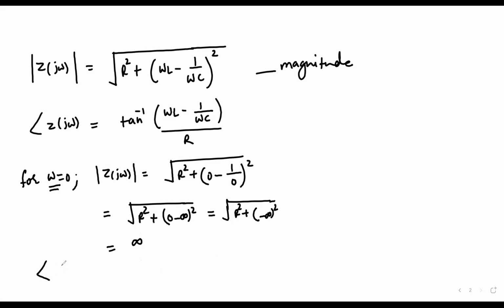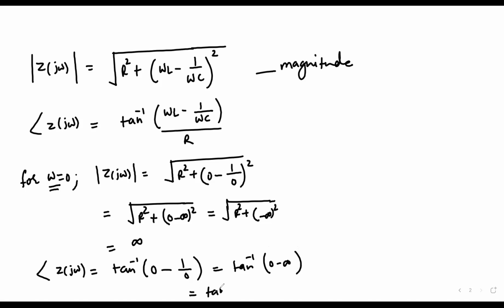And the angle in that case, the angle of Z of j omega, will be tan inverse of 0 minus 1 by 0, which is tangent inverse of 0 minus infinity. It will be tan inverse of minus infinity, which is minus tan inverse of infinity, that is minus 90 degrees.